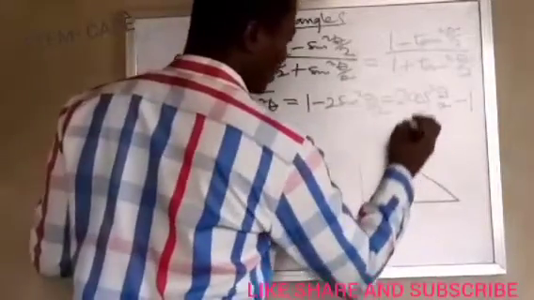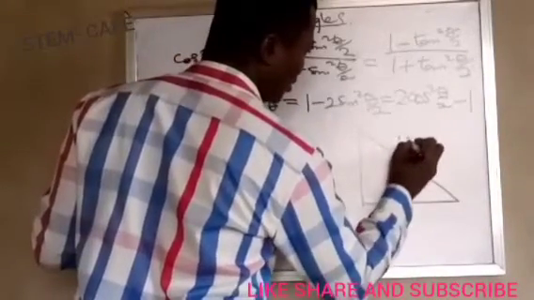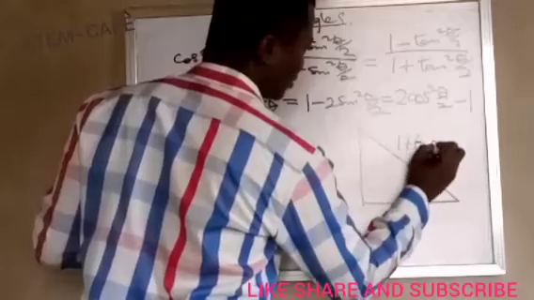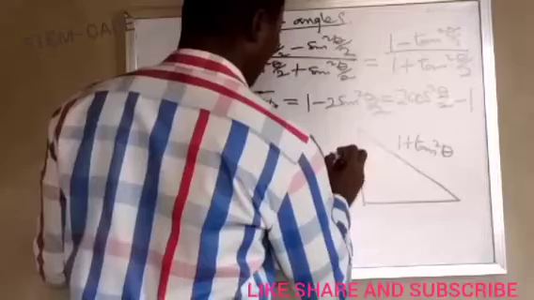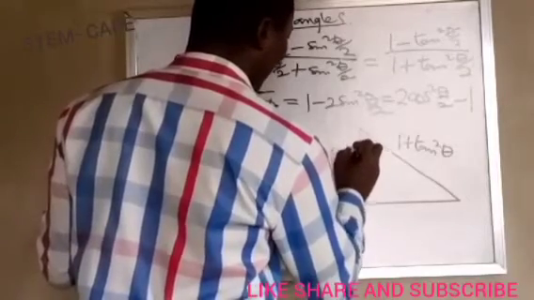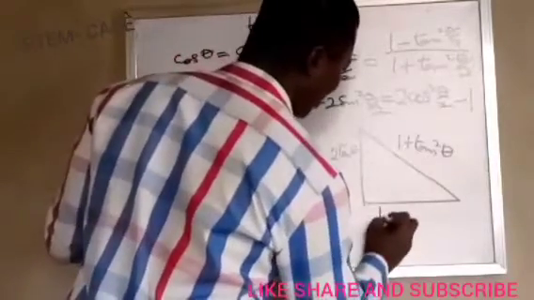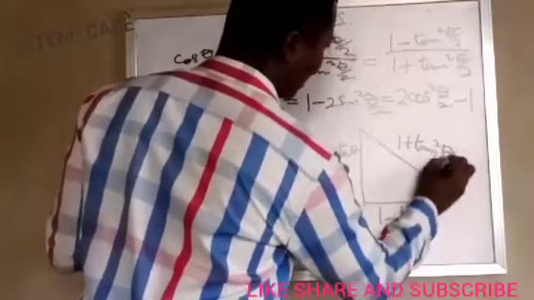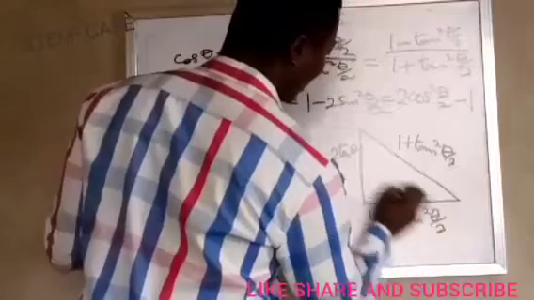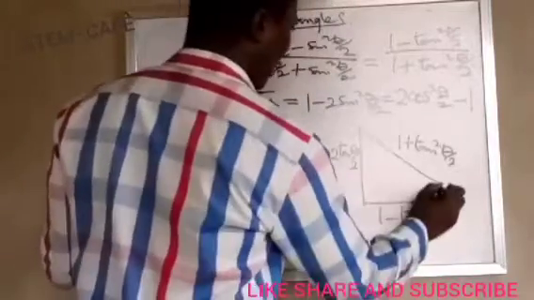I make this 1 plus tan square theta. This place will be 2 tan theta, and this place will be 1 minus tan square theta. Make it over 2 over 2 over 2, and this place will be theta.